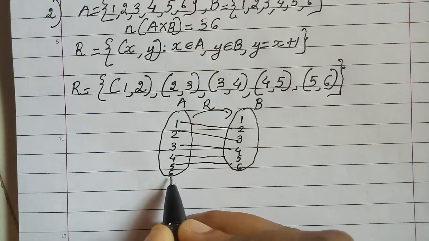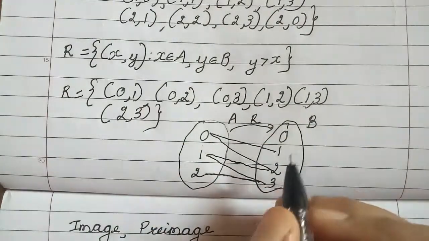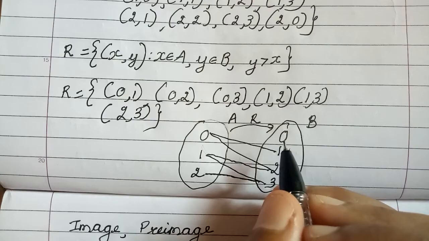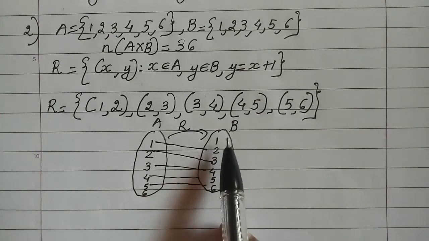But you can see that there is an element 6 which does not have any image in B. Last time we saw an element which does not have a pre-image, so this time we are seeing a different format. Here 6 is not having any image and there is an element 1 which is not having a pre-image.